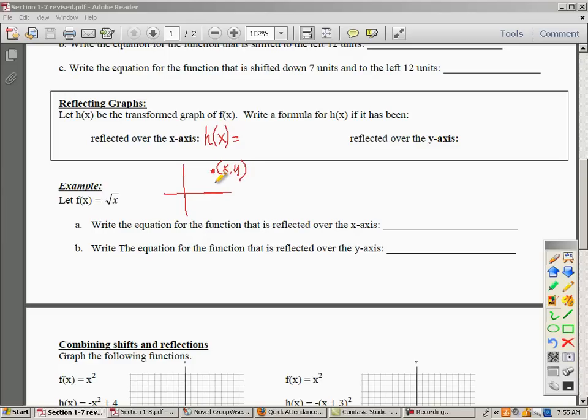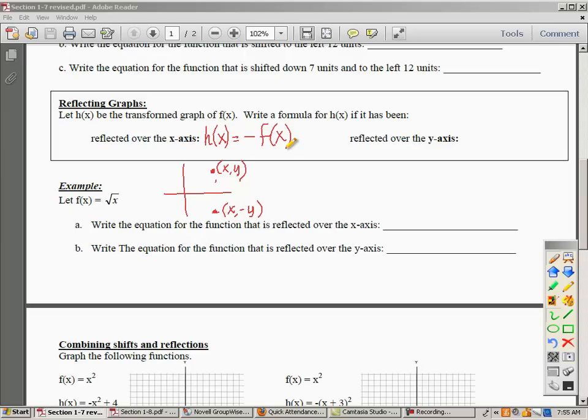If I reflect it over the x-axis, I get down here, this point is (x, negative y). So you'll notice then the y value is different. And the normal way we say y value is f of x. So it's going to be the opposite of my original f of x value.